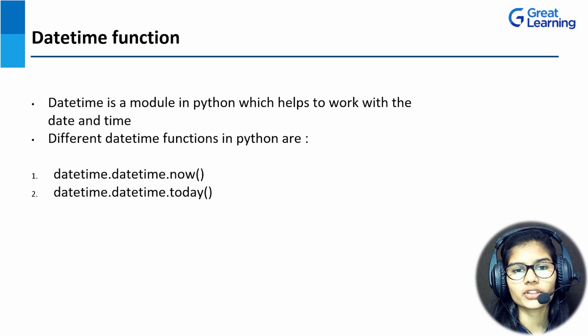Whenever there is a requirement to work with both date and time, you could simply use the datetime module. In the case where you want to work only with the time, you have the time module, but the datetime module allows you to work with the date and time both.